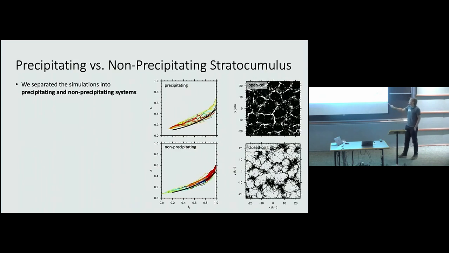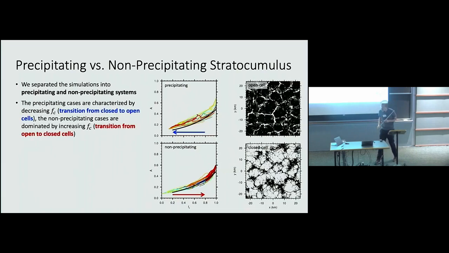The non-precipitating runs form these closed cells, and still, the precipitating runs are basically dominated by the transition from the full cloud cover to the low cloud cover, because we form these open cells, while the non-precipitating runs do exactly the opposite. They go from the open cell state to a closed cell state.